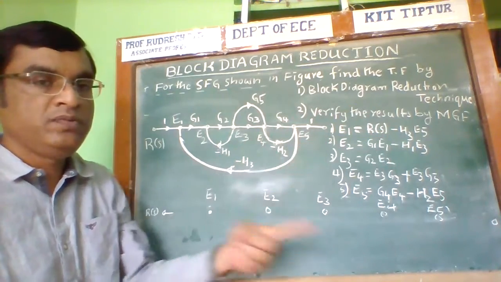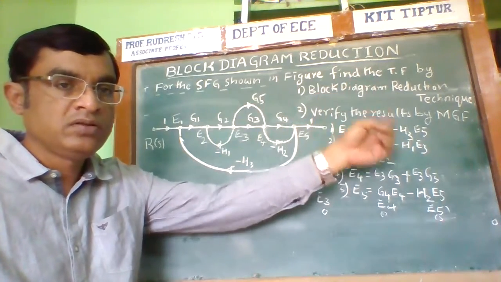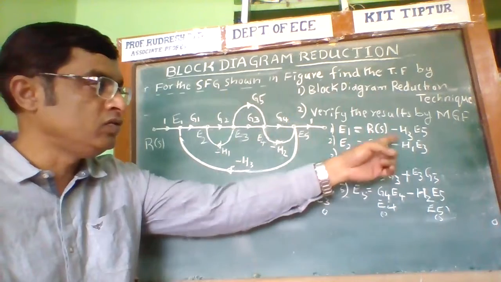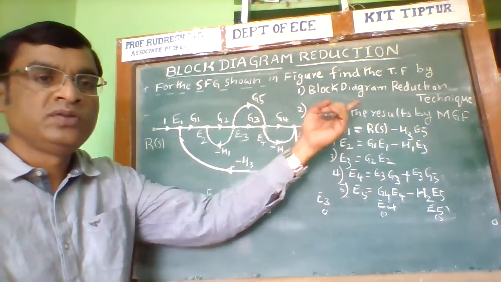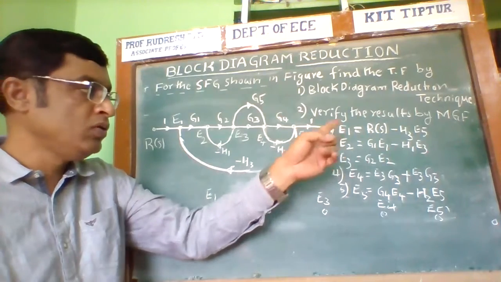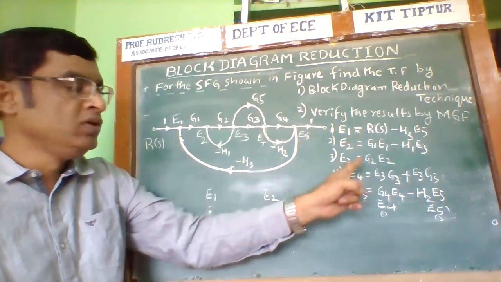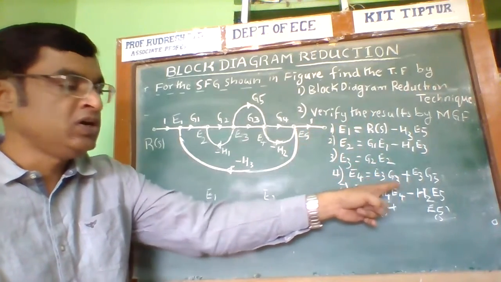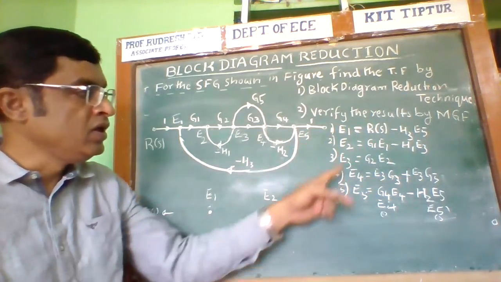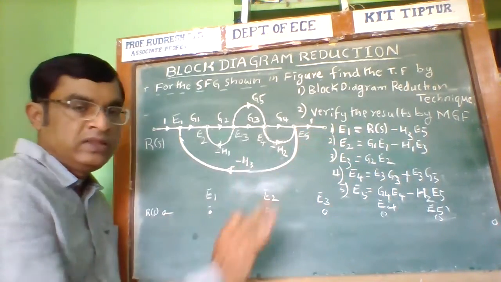In order to add or subtract two or more signals, we use a summer. The summer is a symbol, and we should use it at the E1 node, and also at E2, where similarly there are two quantities to add. Here we need to subtract a quantity. Therefore at the E1, E2, E4 and E5 nodes we should consider the summing point.